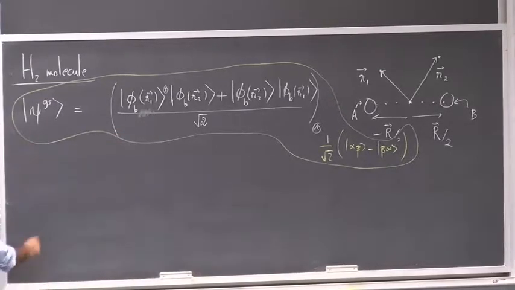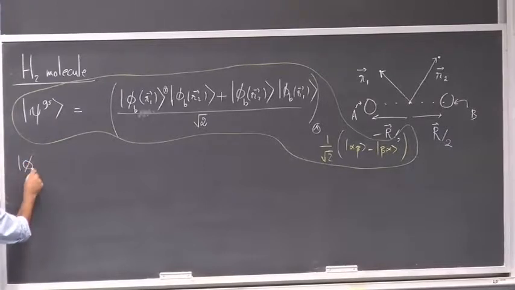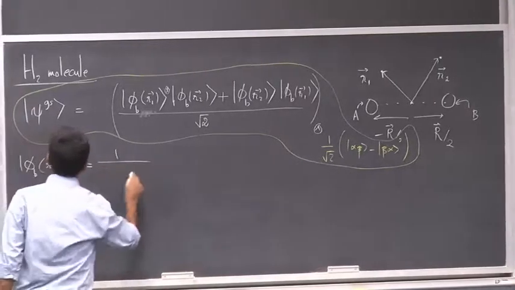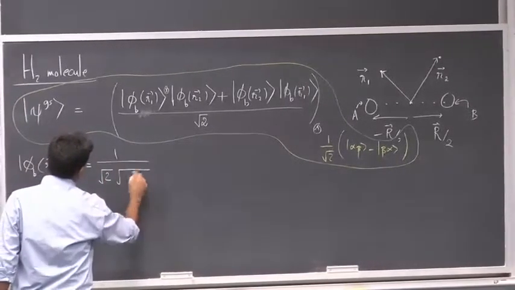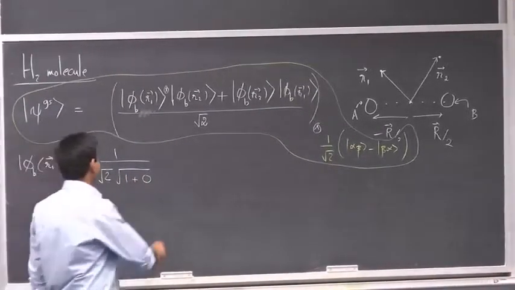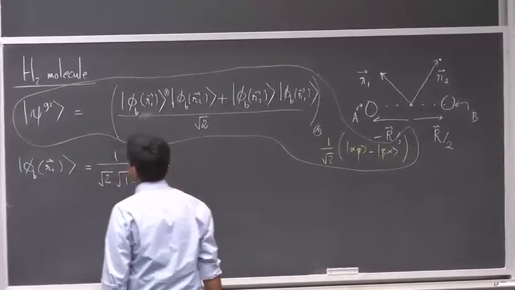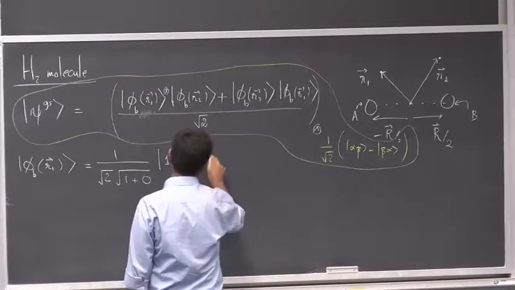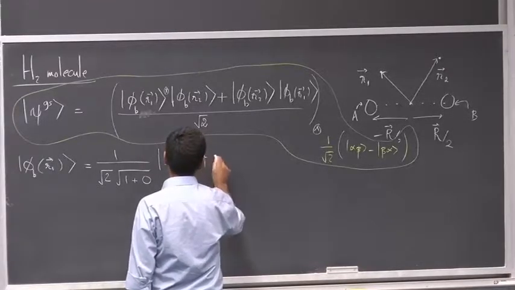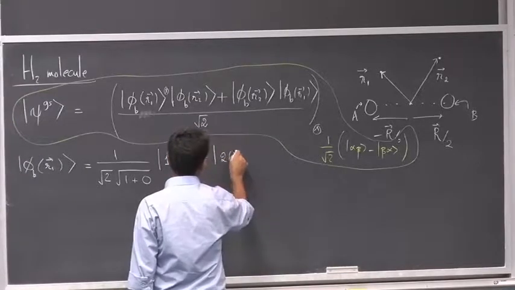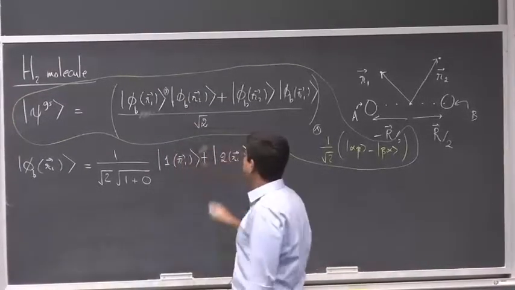So if I replace phi b of r1 by 1 over root 2 times (1 of r1 plus 2 of r1), I can make this replacement over here.